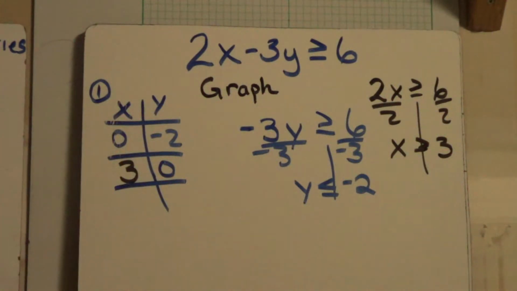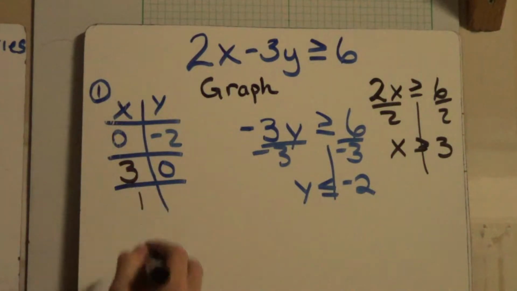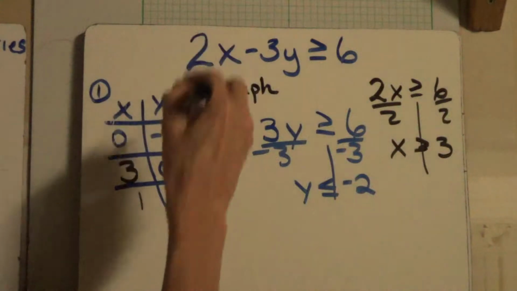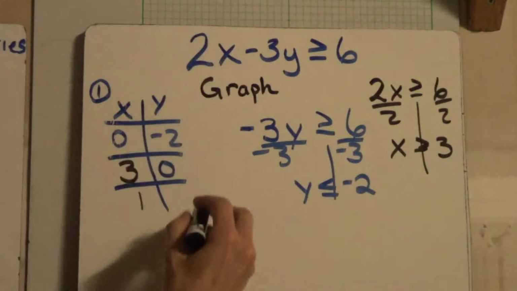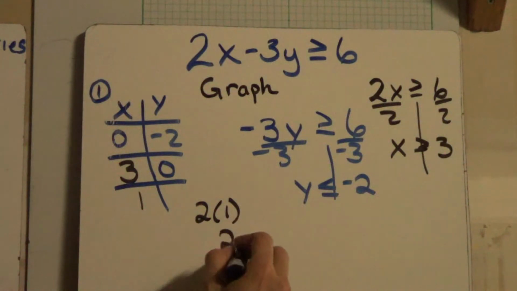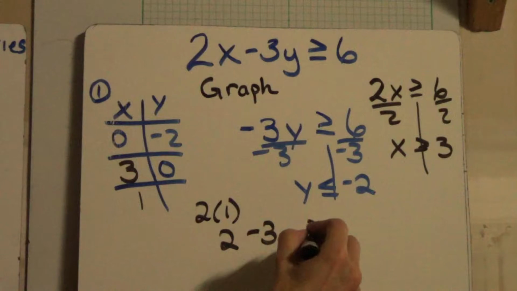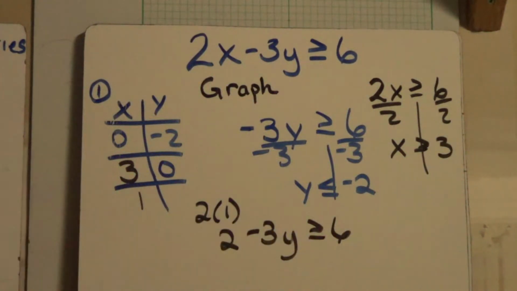Now I just choose another point. And usually I like to choose like 1, something simple. 1 for the x, I have to solve for that y. So if x is 1, 2 times 1 would be 2. 2 minus 3 times what would be greater than or equal to 6.